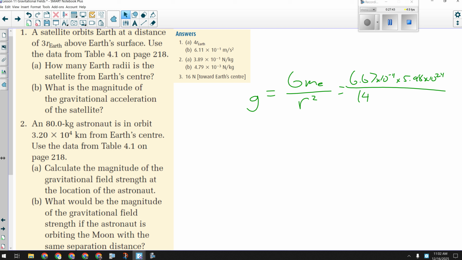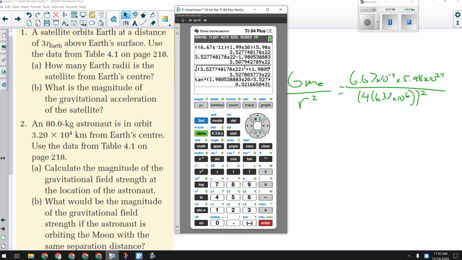And then we would go 4 times 6.37 times 10 to the 6, squared for our radius there. So if we punch that in, we should get the 6.11 times 10 to the minus 1, but we'll double check here. First we'll do this.